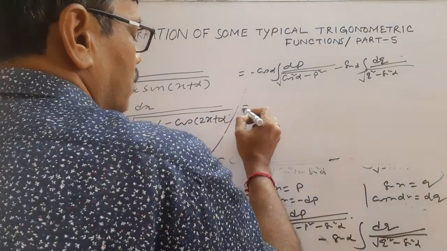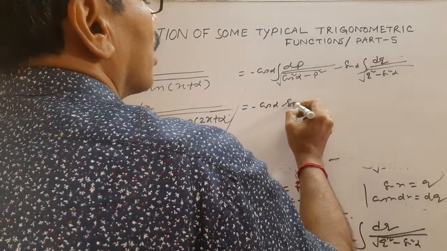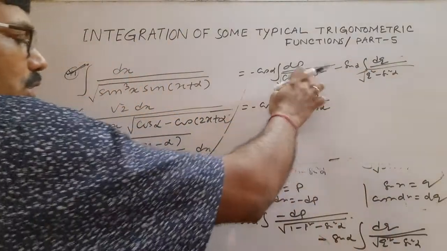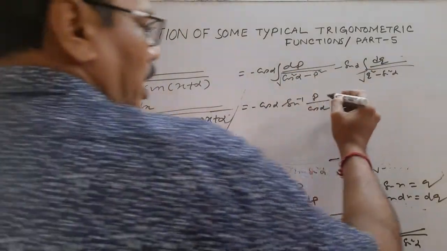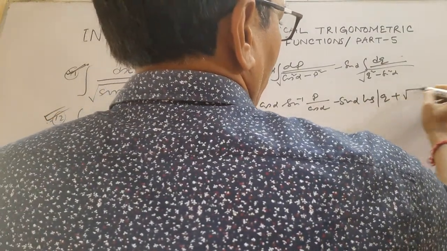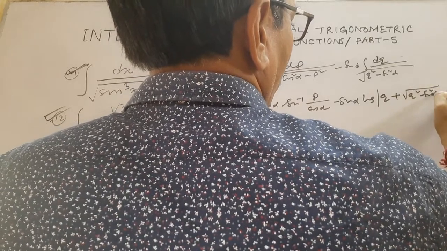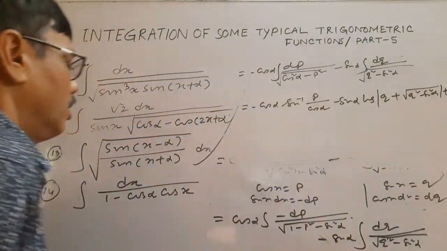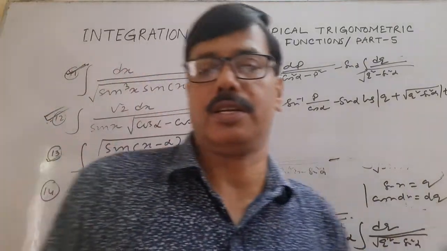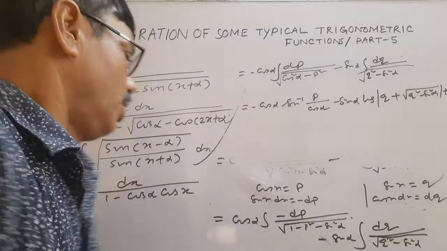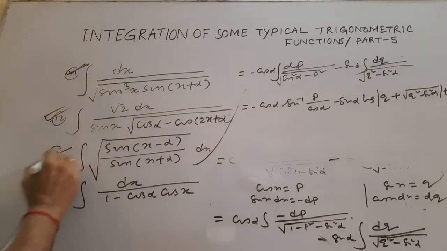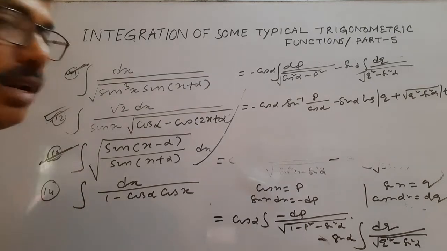So sin inverse p by cos alpha, minus cos alpha, and this is minus sin alpha log of q plus root of q square minus sin square alpha plus c. So put the values of p and q and you get the result. You have to omit the root from the numerator. This is also a typical problem.